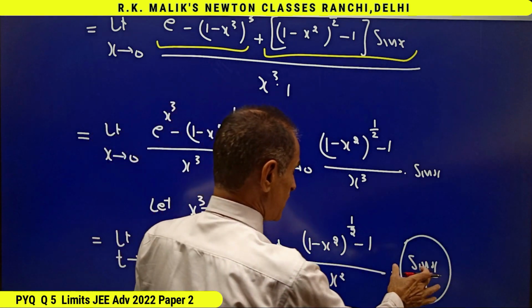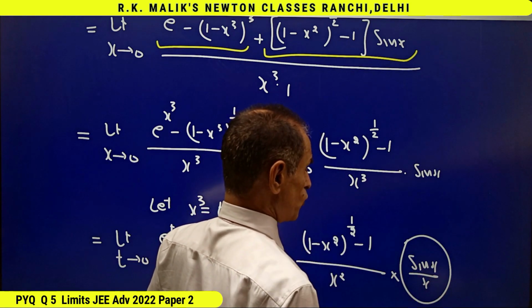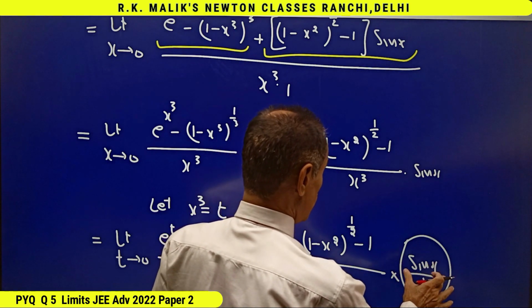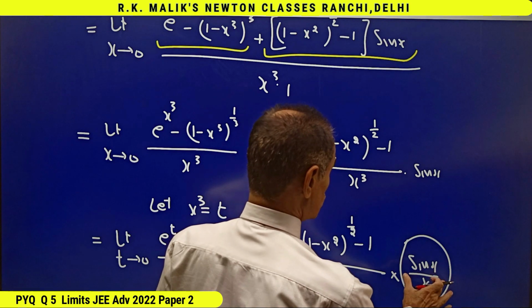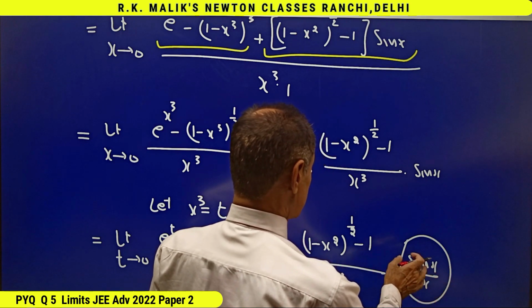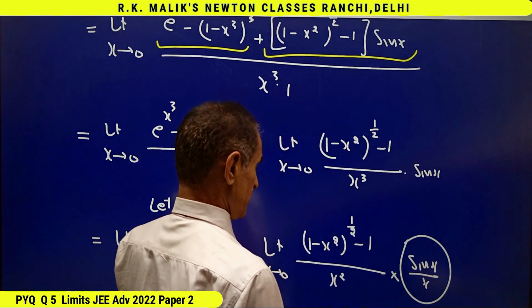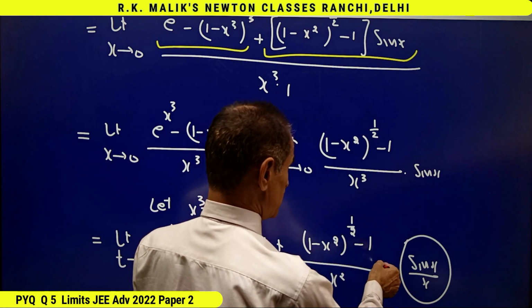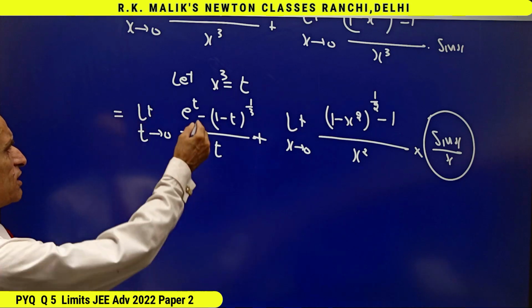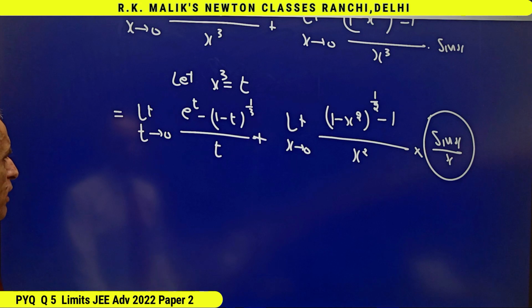Taking the limit of this part is allowed because, as I told you just now, taking the limit of a part of the question is allowed only if the limit of that part is non-zero finite and that part is in multiplication or division with the remaining whole question on which the limit is operating. And because it is in 0 by 0 form, we are allowed to use L'Hopital's rule here.